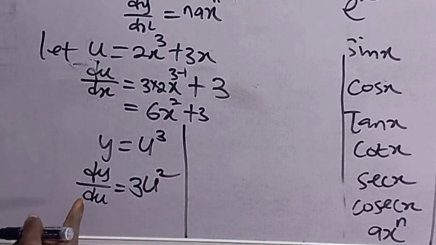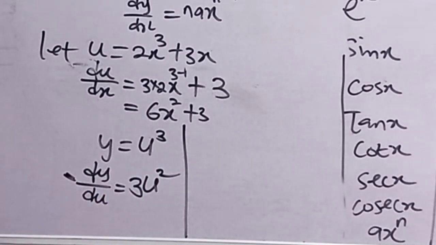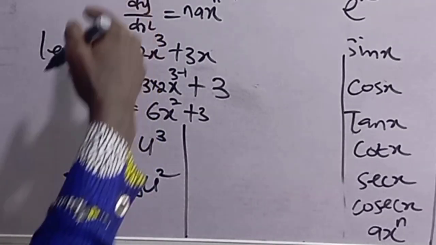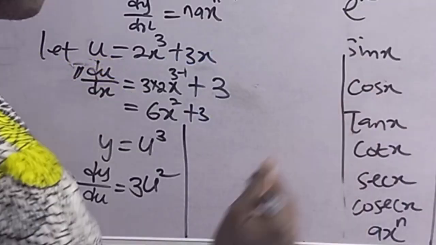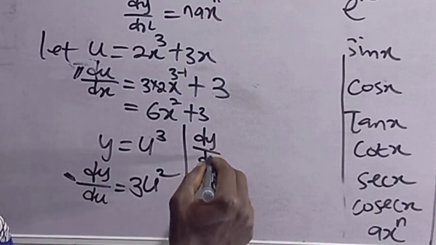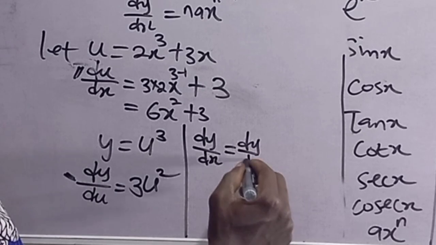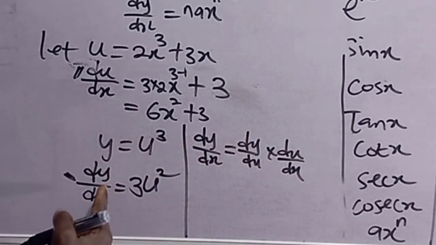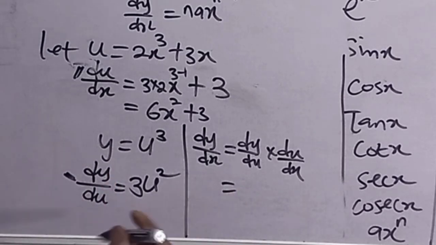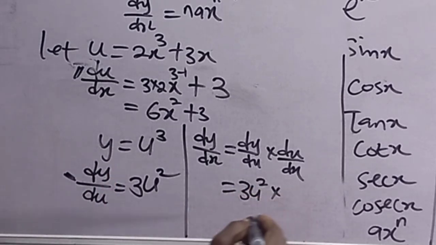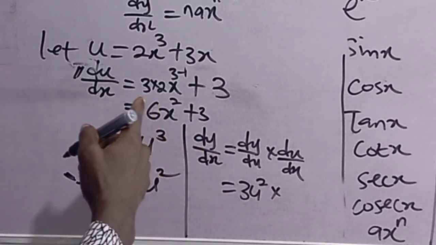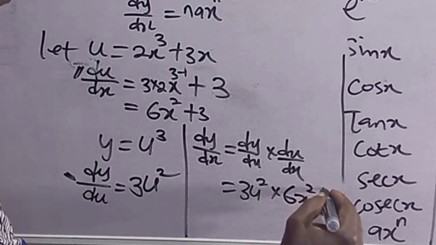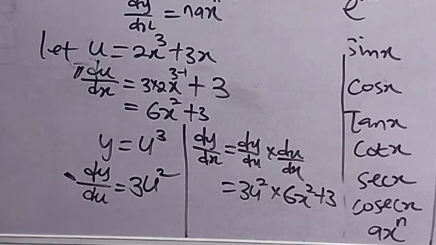But we are neither looking for dy over du nor du over dx. Rather, we are looking for dy over dx. So we can apply the chain rule, where dy over dx is equal to dy over du times du all over dx. What is dy over du? From here, the result is 3u squared times du all over dx, which is 6x squared plus 3.